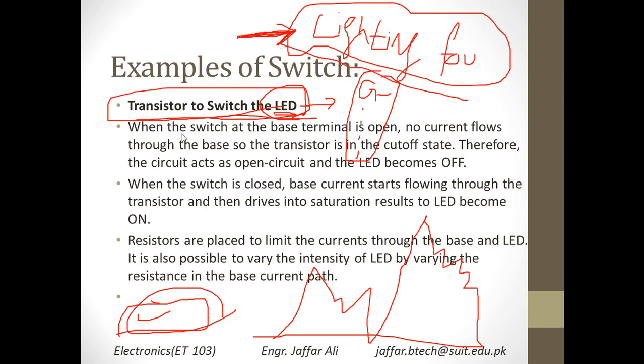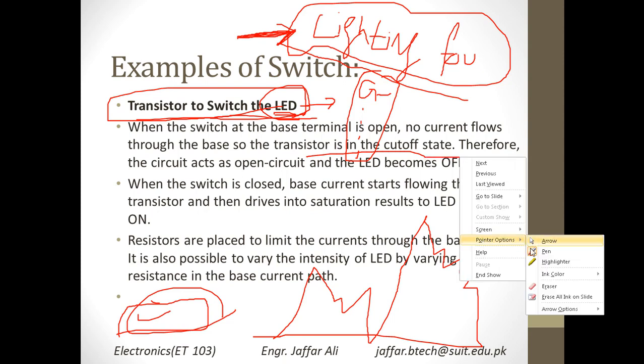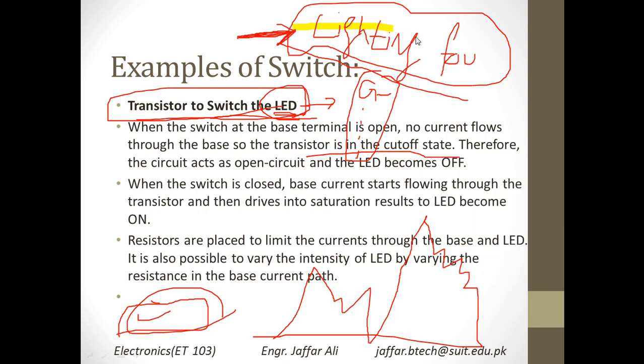So how does this work? When the switch at the base terminal is open, no current flows through the base, so the transistor is in the cutoff mode. We have already discussed that. Now I'm going to connect this modified version, the lightning fountain, to the similar operation of the transistor as a switch that we just discussed and learned in the previous classes and in today's class as well.